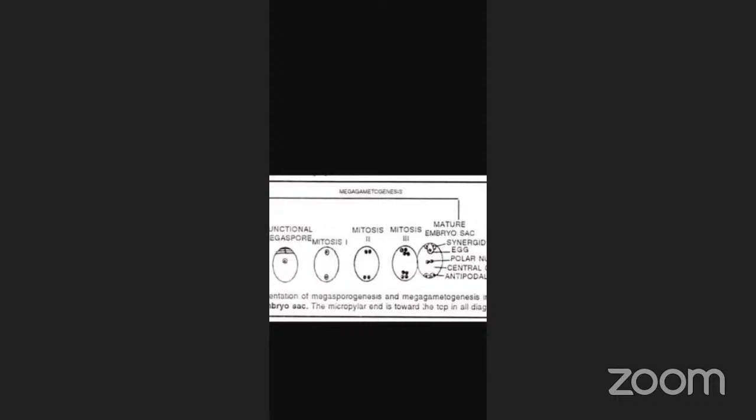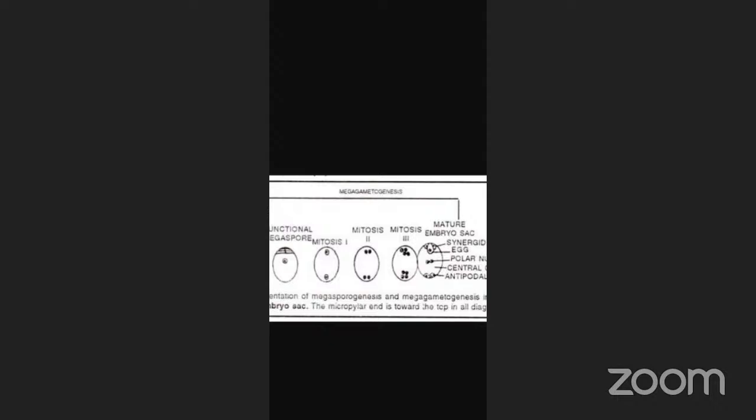So that is how the dyad is formed. Wall formation is there, that's why the dyad is formed. Only one of the dyad undergoes division and the other degenerates. In the functional dyad, cell wall formation does not occur after meiosis 2, and both resulting megaspore nuclei contribute to the formation of the embryo sac.